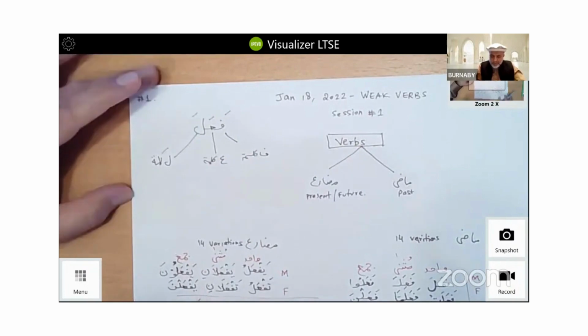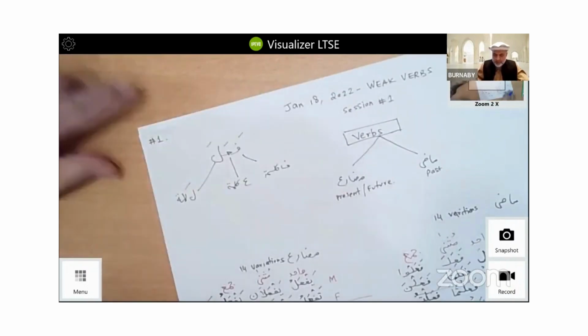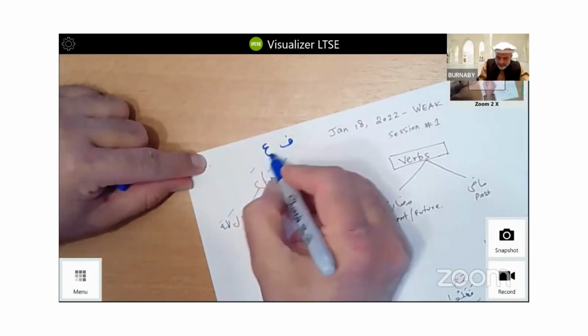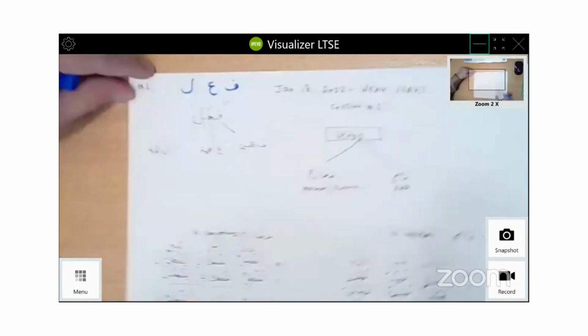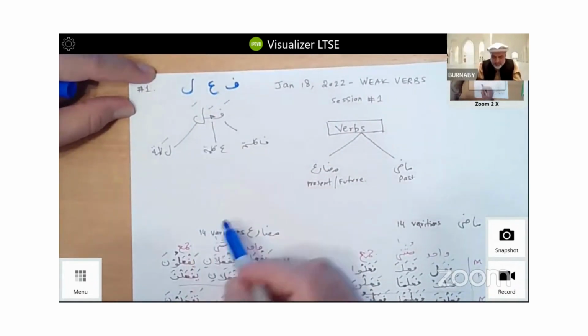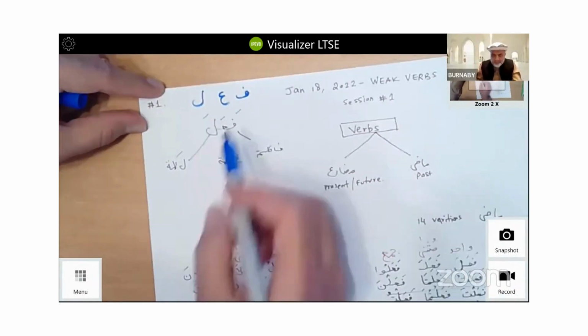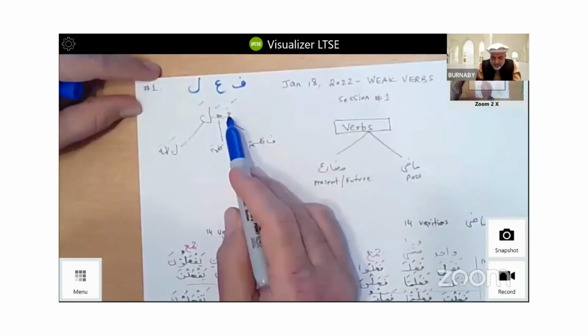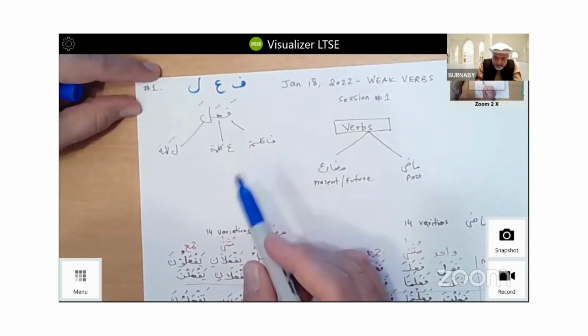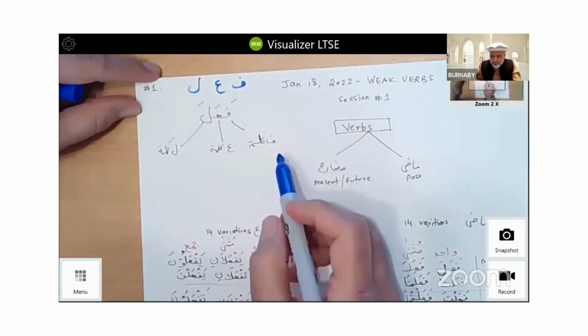And when you talk about Fa'ala, you have the 3 root letters: Fa, Ain, Lam. So when you put them together, this is the pattern of Fa'ala, and this Fa is the Fa kalima. This is review, by the way.